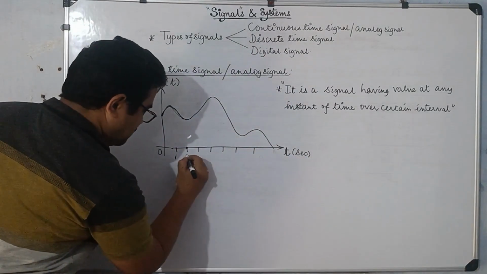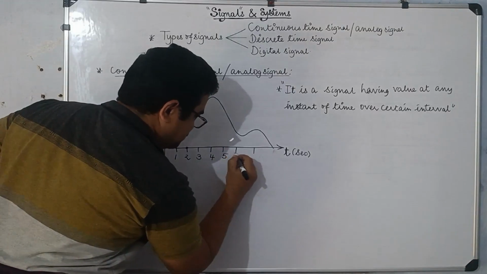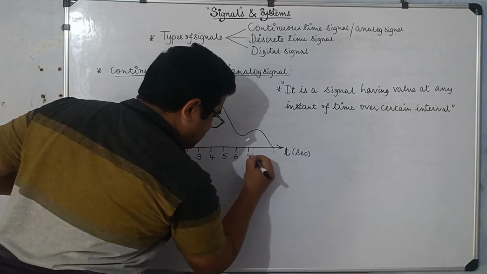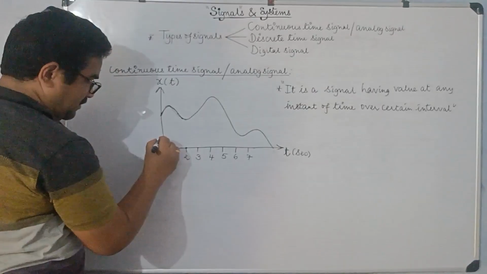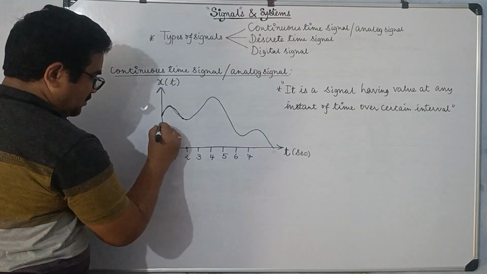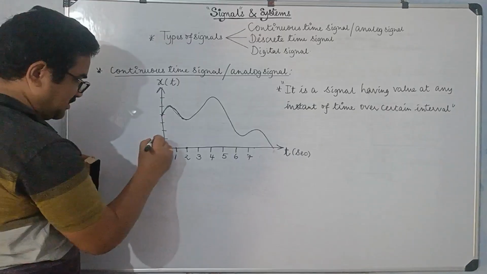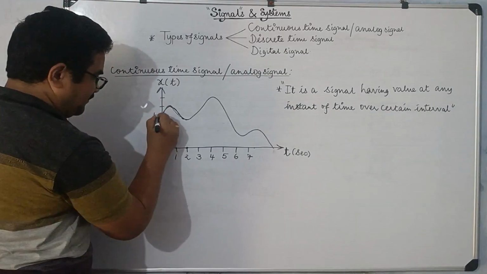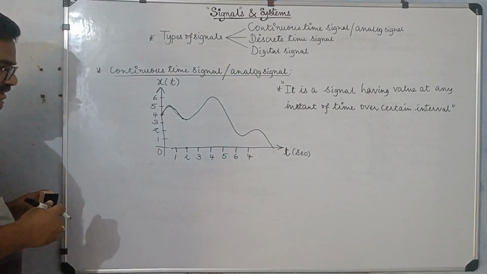Let us say 0, 1, 2, 3, 4, 5, 6, 7, and so on. These are my instants of time, and this is my y-axis representing the amplitude of the signal. These are the different amplitudes: 0, 1, 2, 3, 4, 5, 6, and so on.